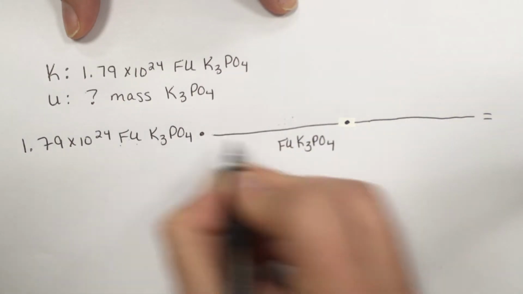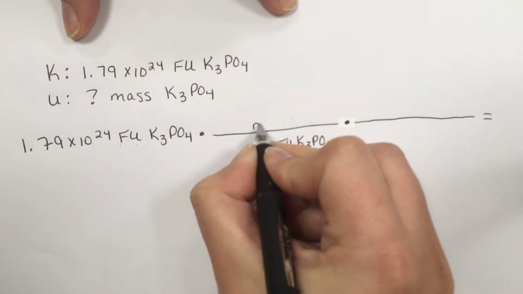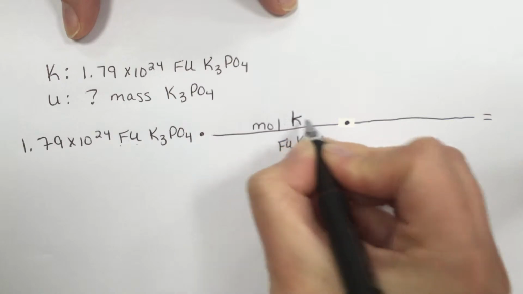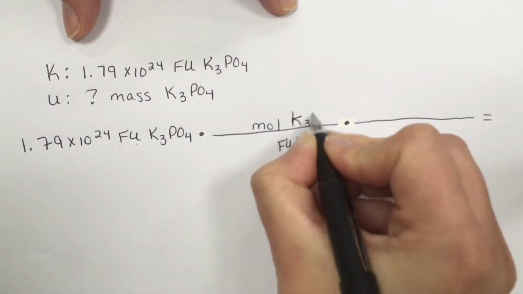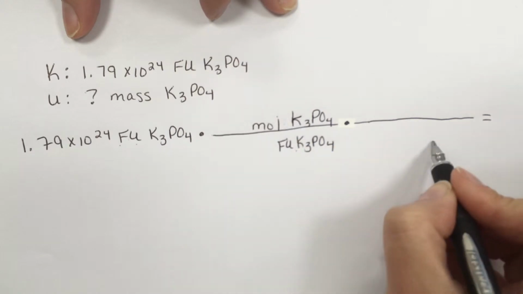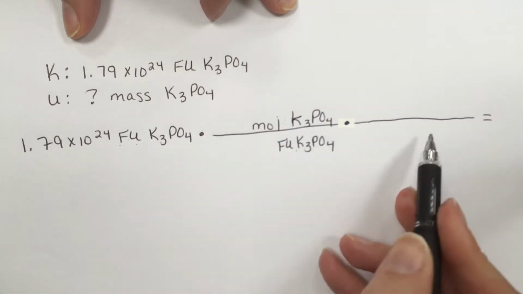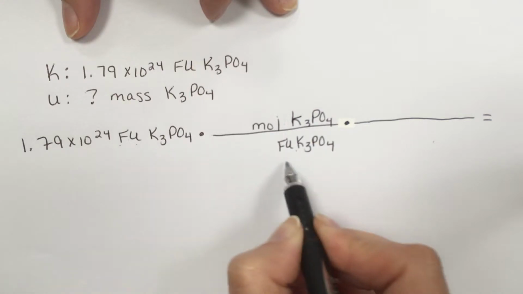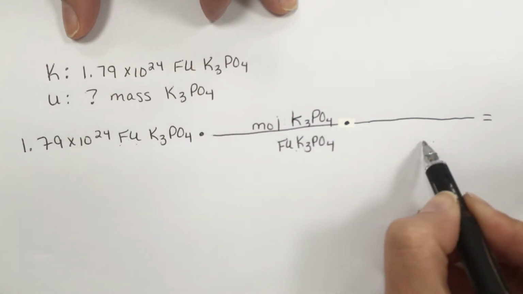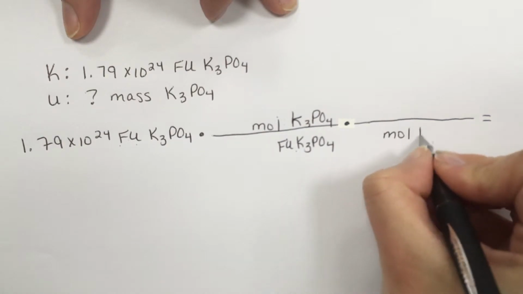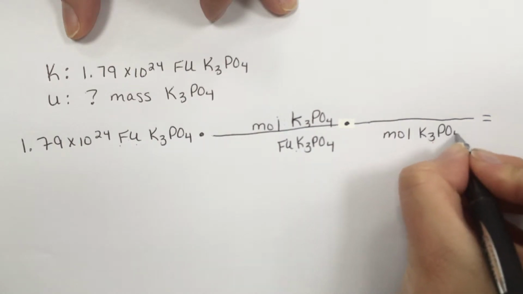So we'll have formula units down here and moles up here. That's a K, sorry, K3PO4. And then whatever's up here will have to go down here. Every single time we do dimensional analysis, just like we learned at the beginning of the year, whatever is here will go down here. Whatever's up here will go down here. So this will be moles of K3PO4.